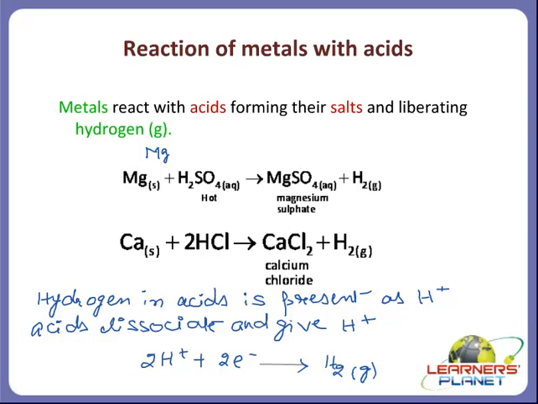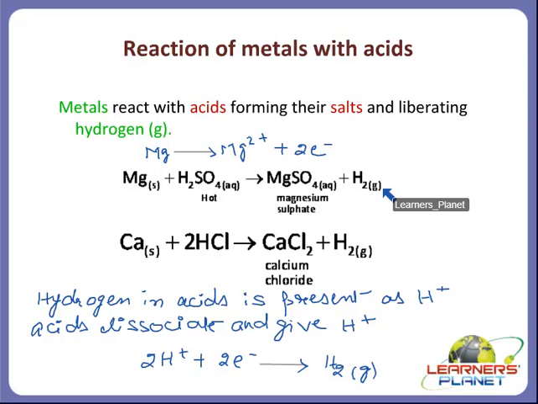It forms Mg2+ ions, and it is giving out 2 electrons. Now these 2 electrons are accepted by H+ ions given by sulfuric acid, so that hydrogen is released as hydrogen gas.